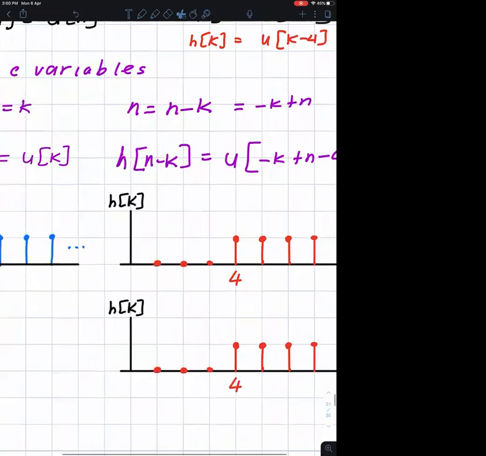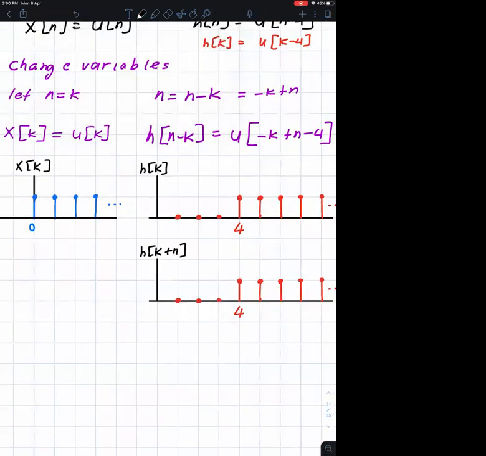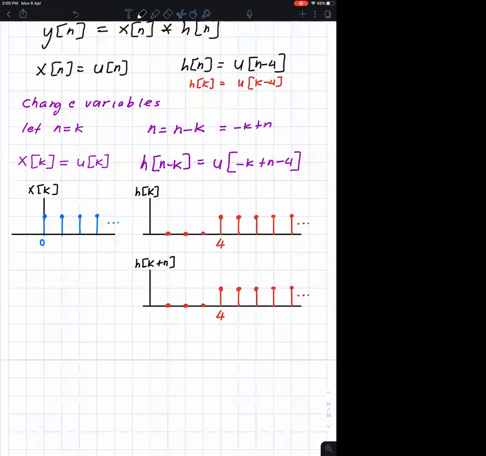Sketch k plus n. h of k plus n is going to be shifted by minus n here, right? Any question?